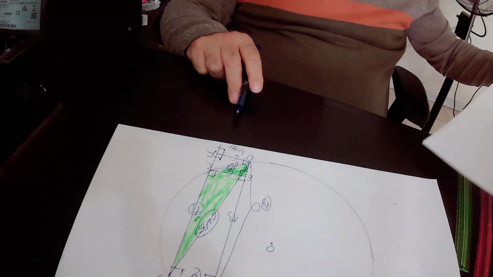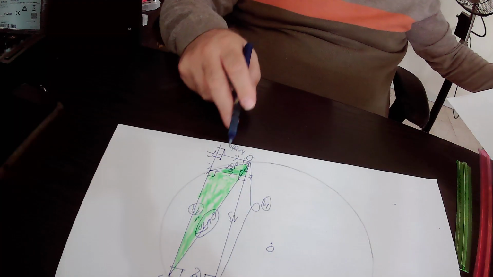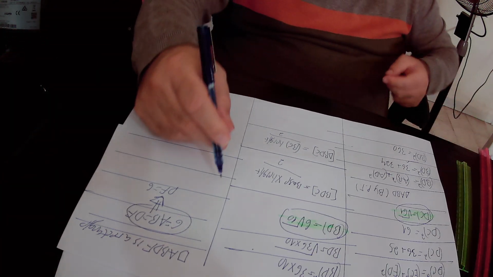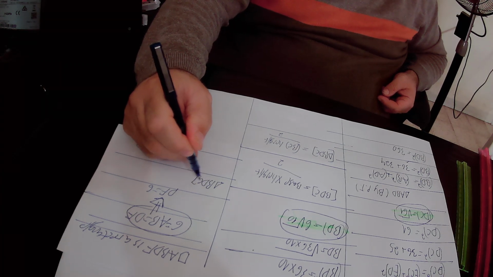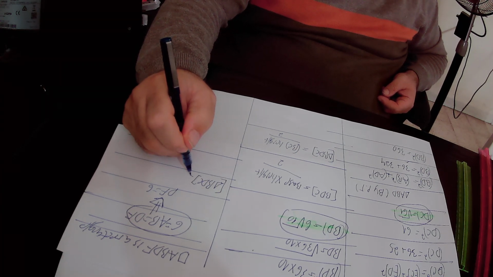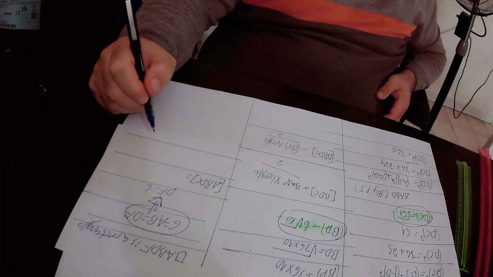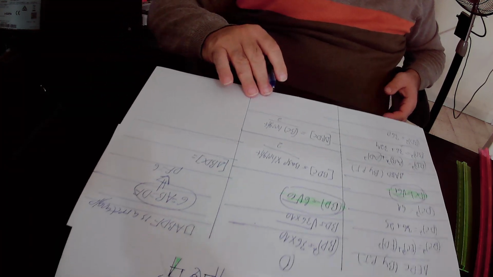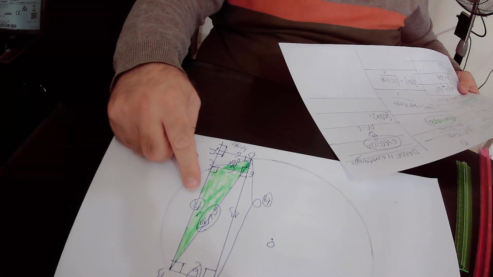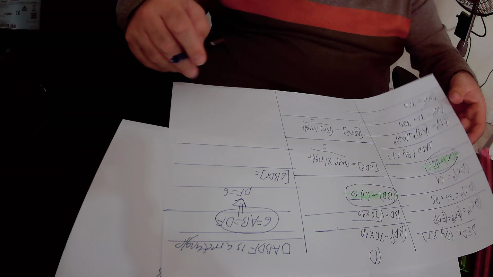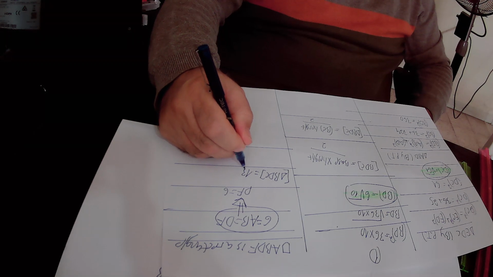Okay, now we can easily find out the area of the green triangle, triangle BDC. The area of the green triangle, triangle BDC, is equal to the base of the triangle. We choose the base as BC, and BC equals 13 units according to what is given in the question, times the height.